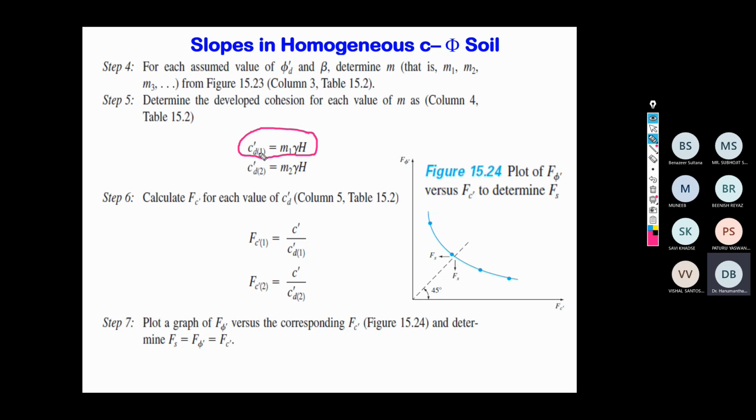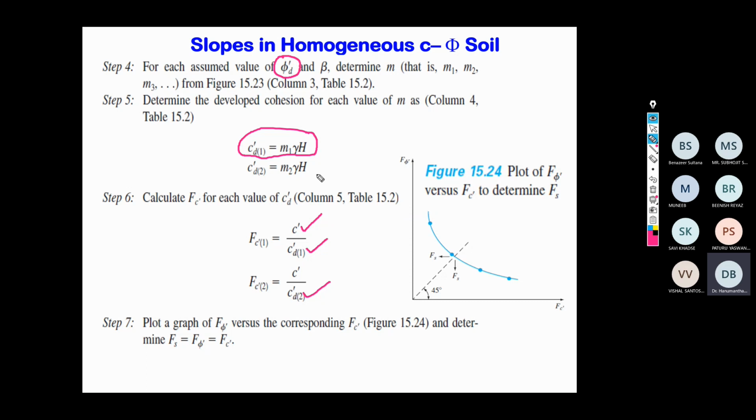Now once I know c'd, calculated based on the picked-up value of the stability number, I can recalculate the factor of safety as a function of cohesion, which is defined as c' divided by c'd. Now c' is a fixed value and will not change. But c'd1, c'd2 will change depending upon the assumed value of phi'd.